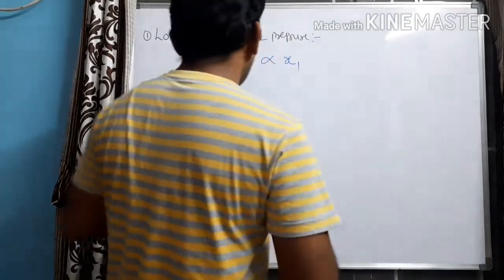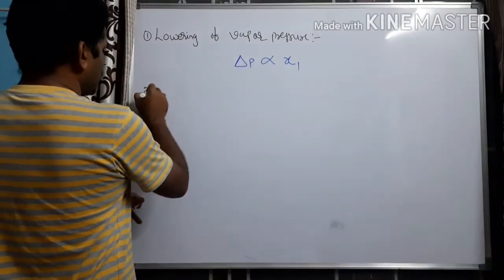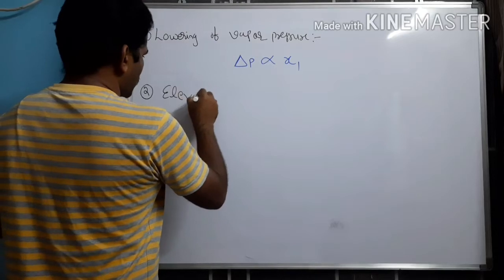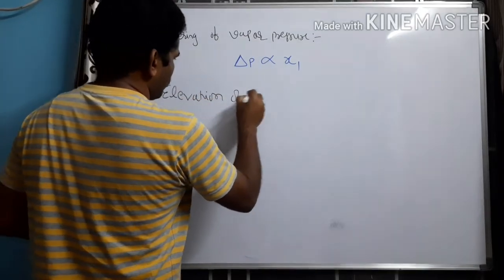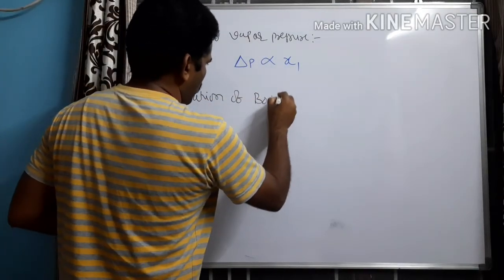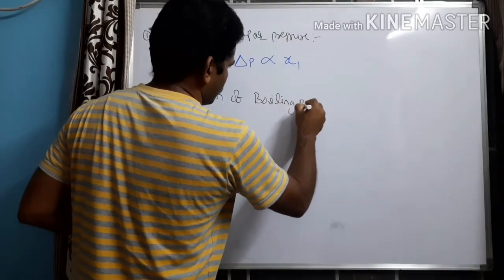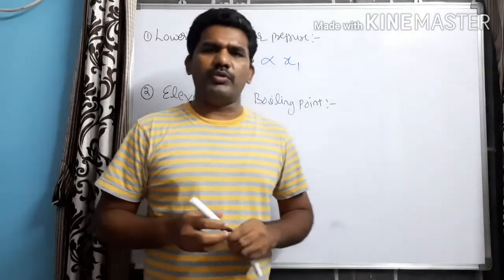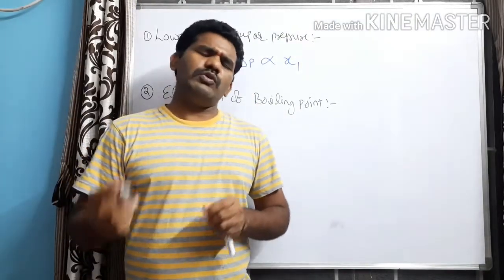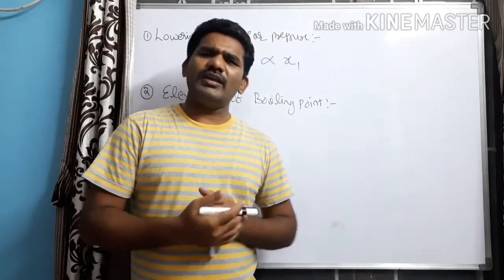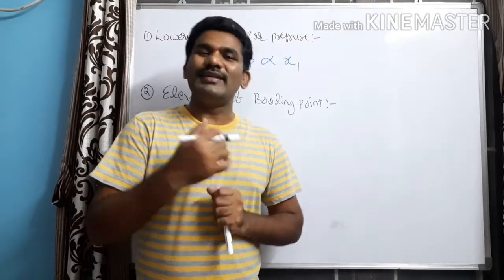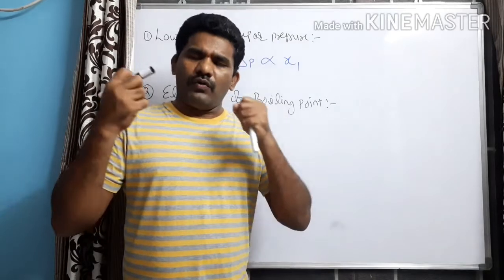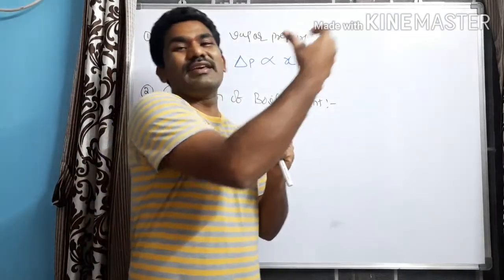The second colligative property, let us try to understand, is elevation of boiling point. When a non-volatile solute is added, automatically the vapor pressure of the solution decreases. Because of this decrease in vapor pressure, the boiling point of the solution increases.